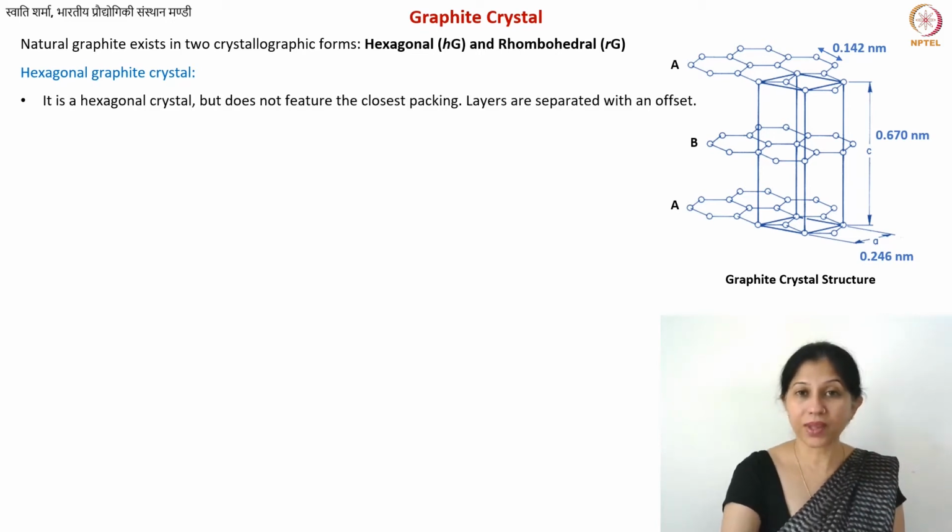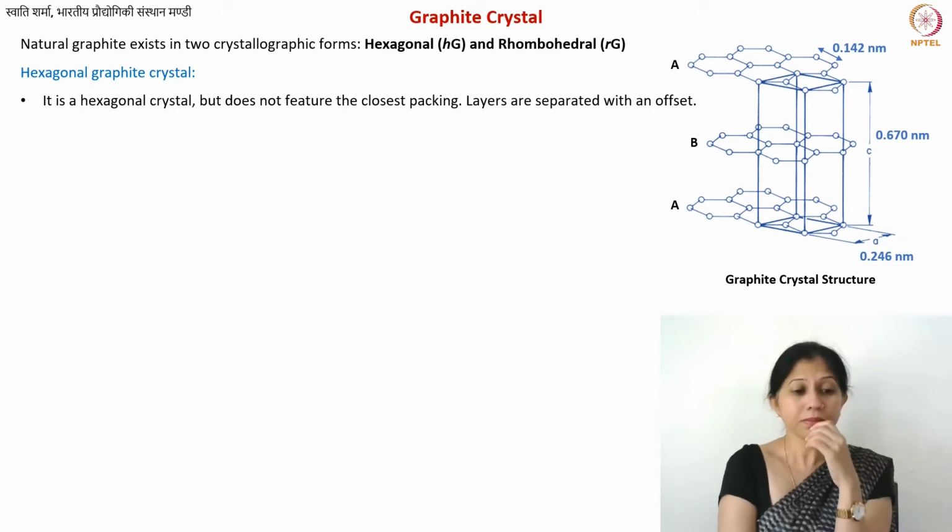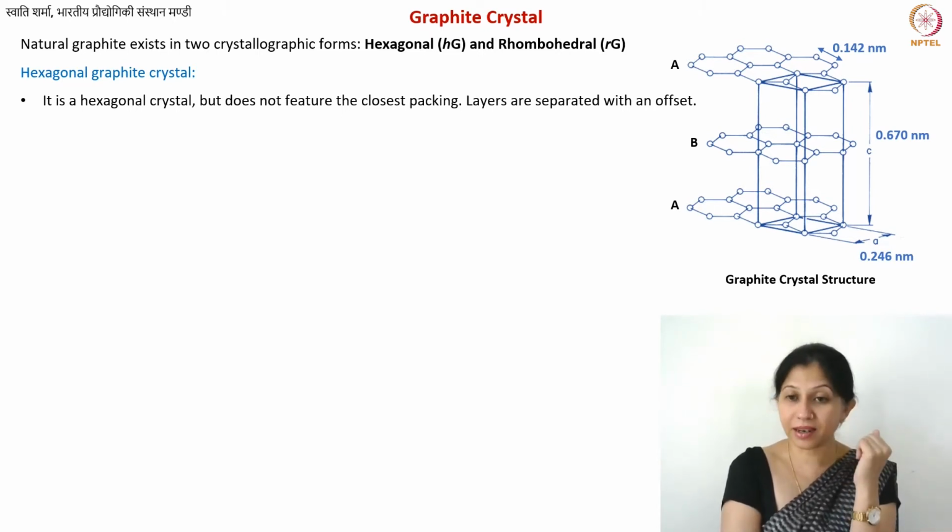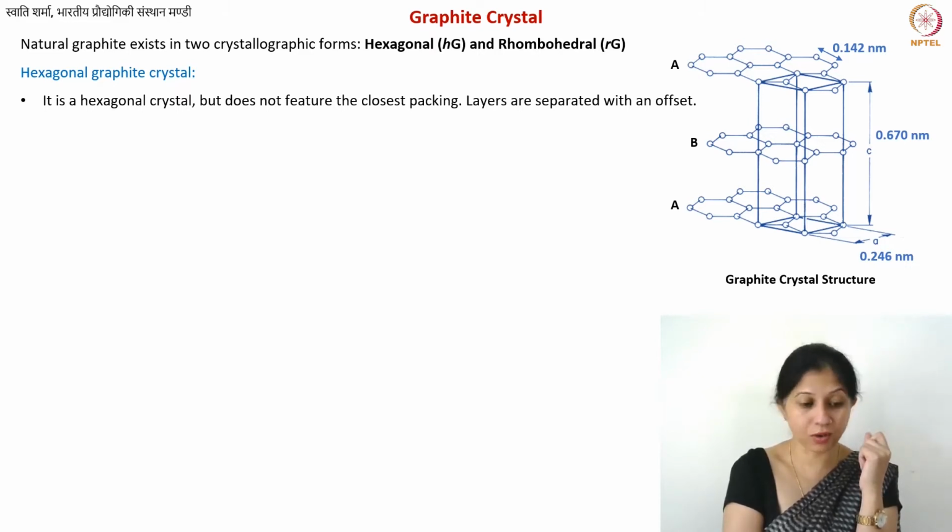Okay, so now one interesting thing is, is the graphite crystal a hexagonal close packed structure? You know what hexagonal close packing is, the closest packed structure, which takes a hexagonal shape and has the closest packing by volume for any spherical objects.